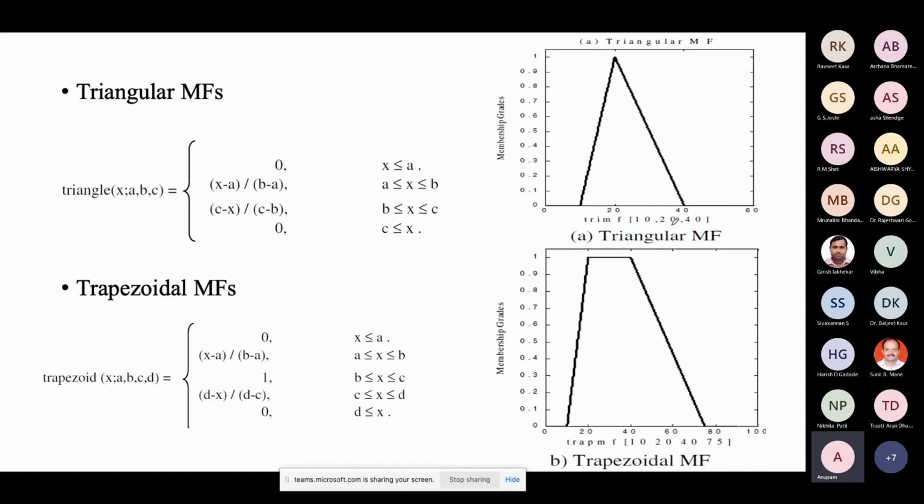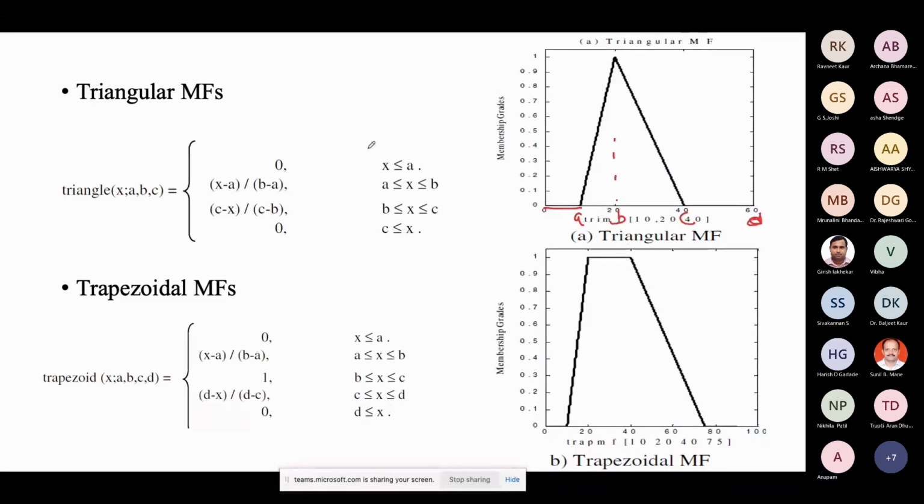Here you can see that this is a triangular membership function, meaning triangular form, right? And this is the equation for the triangular membership function. For x less than a, it is 0. In between, we have this equation from a to b, and from b to c, sorry, c.